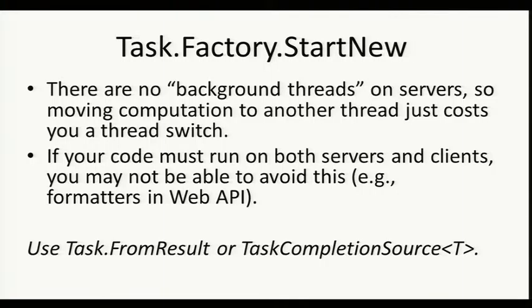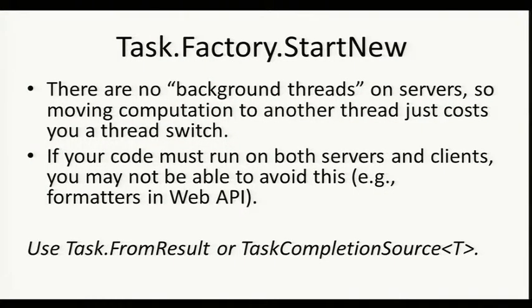Now, this means that if you're attempting to queue up a work item on a background thread because you don't want to tie up the original thread, in UI programming this might be beneficial, but in a server, remember, there's no UI. Each thread is basically as equivalent as the next, and the end result is that you're not actually going to be freeing up any resources for ASP.NET. In fact, you're going to be consuming more resources because there's going to be a period of time where you now have 2 threads instead of 1 doing the same amount of work.